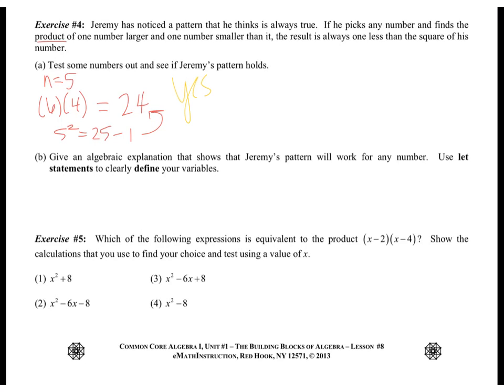So what if we pick another number? Let's say 11. So the product of one number larger than 11 is 12, and one number smaller would be 10, gives me 120.